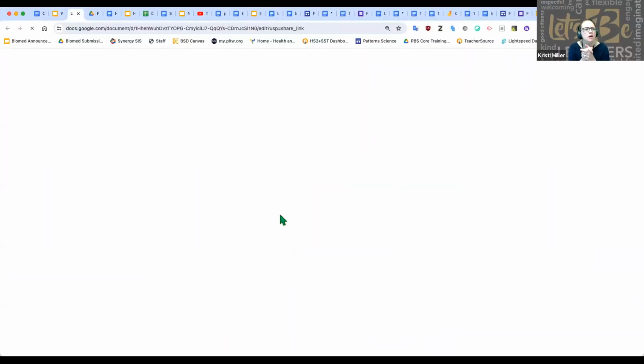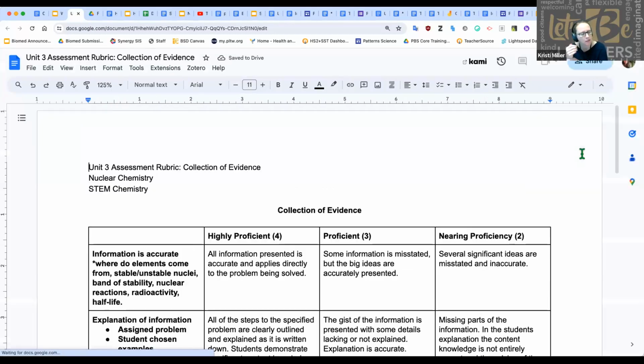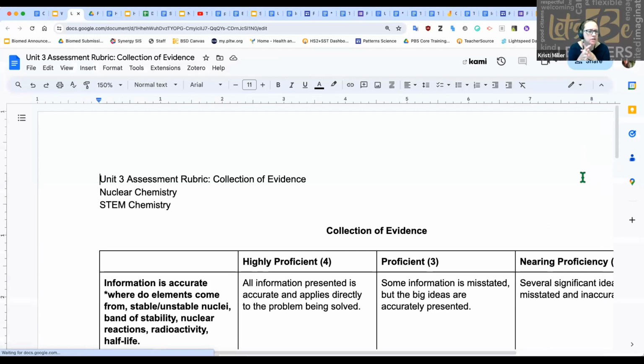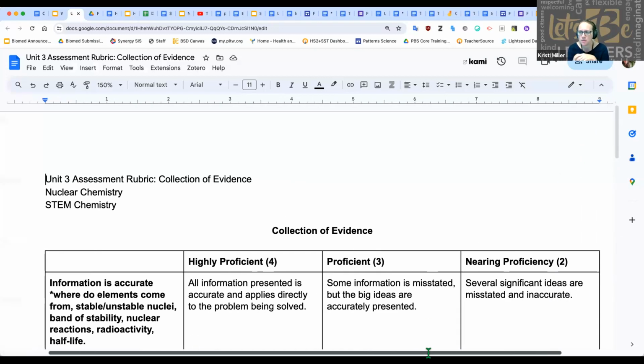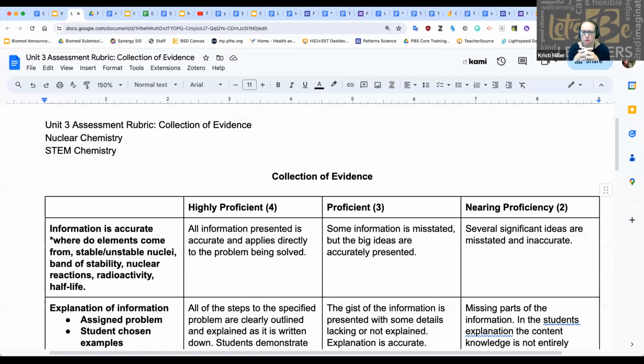Okay. So one of the things that I really learned during COVID, among a long list of things, is that we really needed to have some alternatives to our standard testing protocol. Sitting down and taking a unit test was just not a thing during COVID, or it was a very complicated, difficult thing to manage.